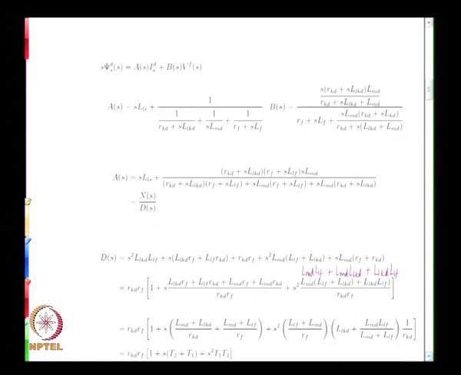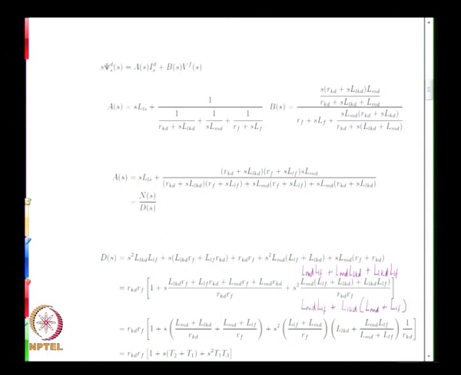And what we can do is simplify this as, you can combine these two terms together, that is LMD into LLF plus LLKD into LMD plus LLF.